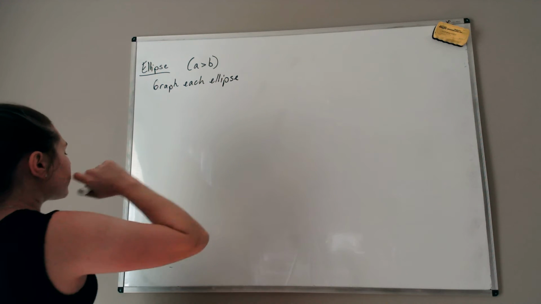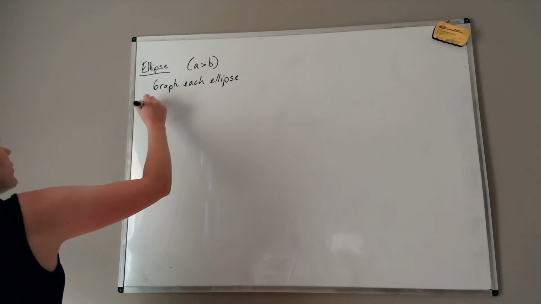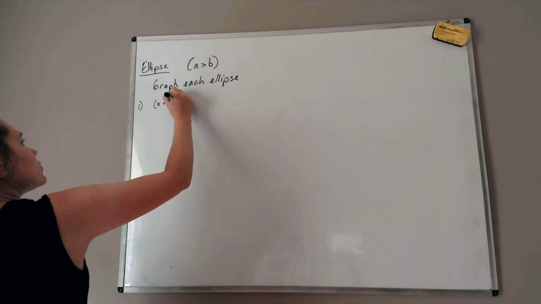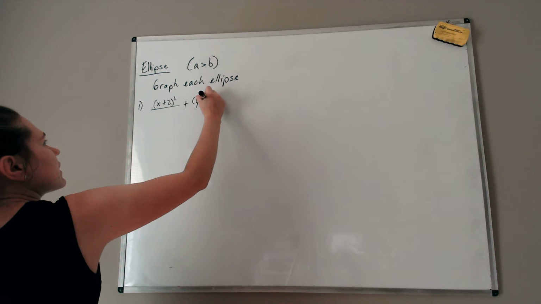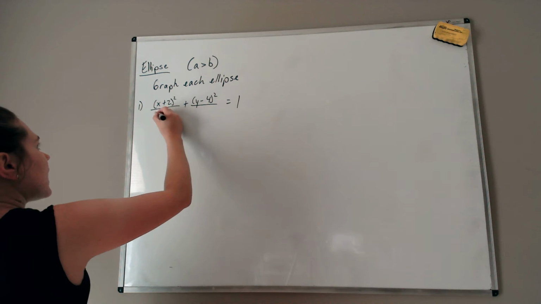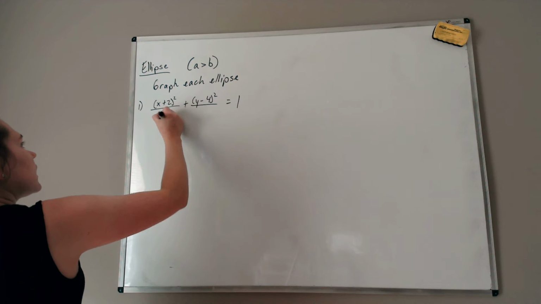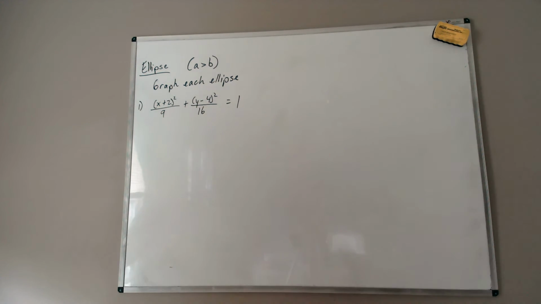Remember, if it was in general form, you're going to want to put it in standard form in order to graph. So number one: x plus 2 squared over 9, plus y minus 4 squared over 16.